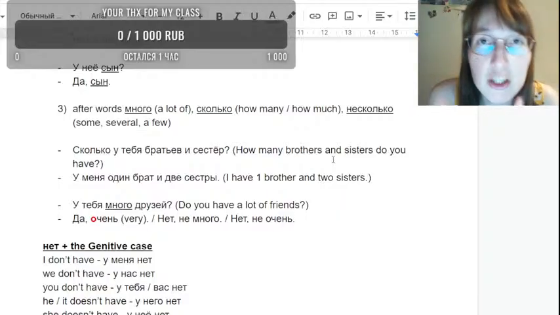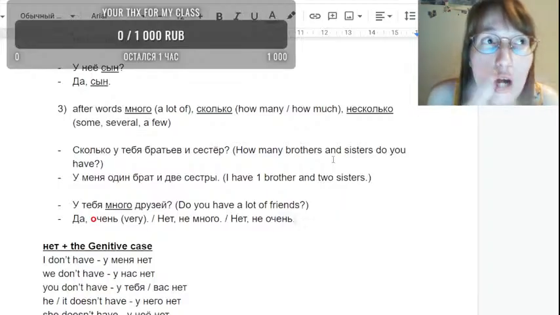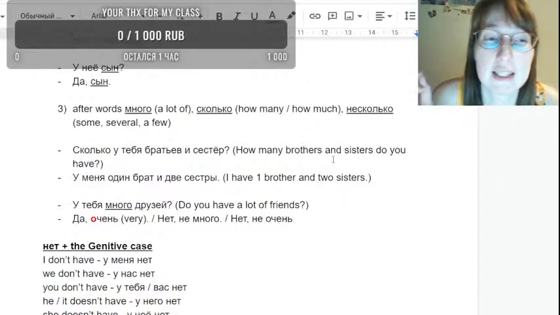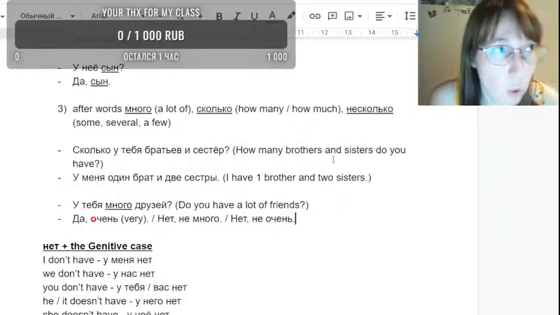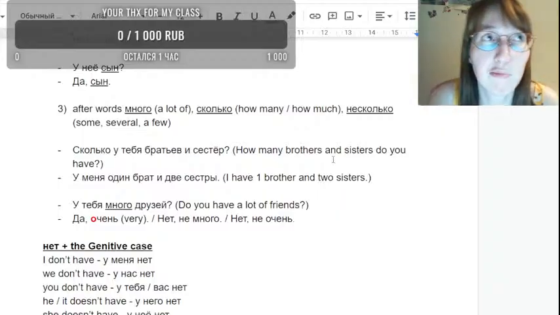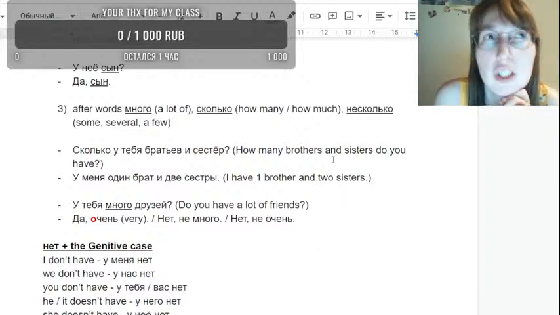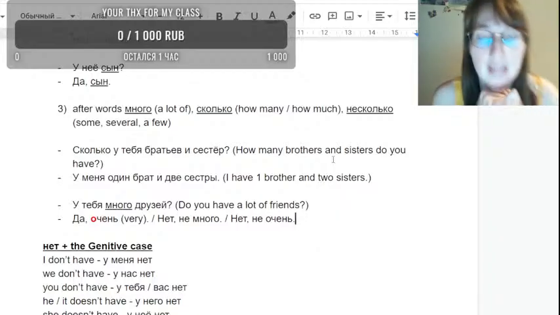Many Russian learners are confused about несколько and нисколько. Несколько means several, some, a few. Нисколько means, when we count and say сколько, how many. I don't know a literal translation to English.